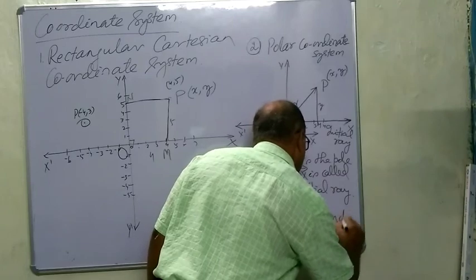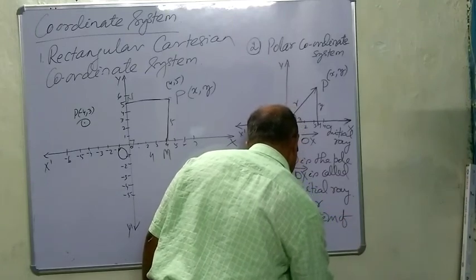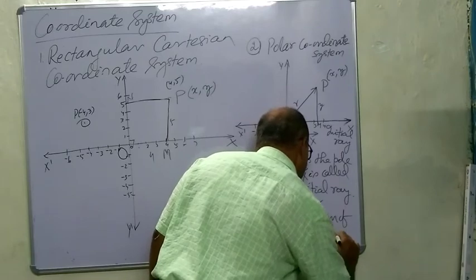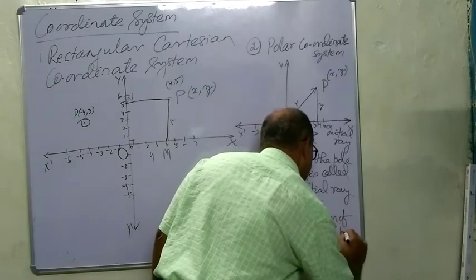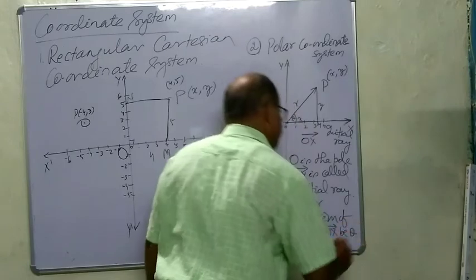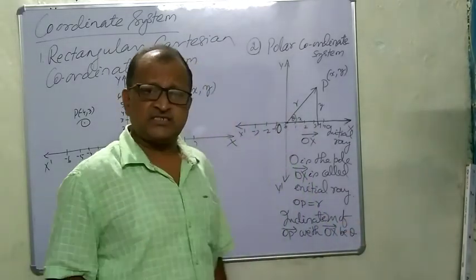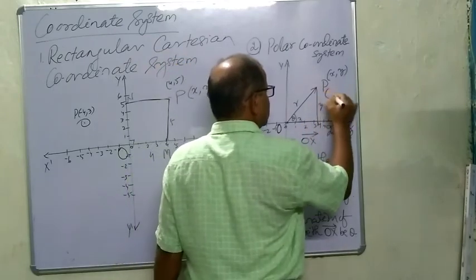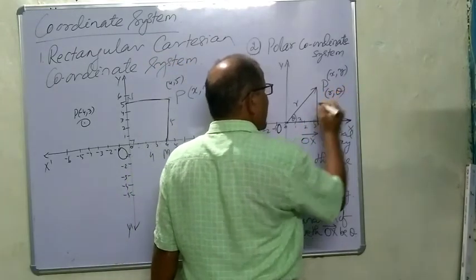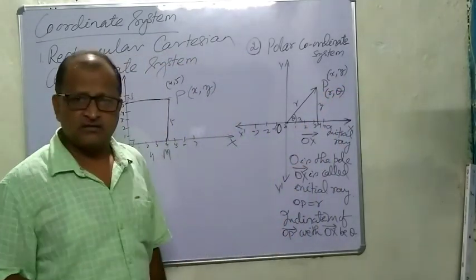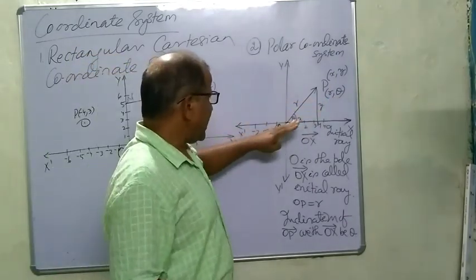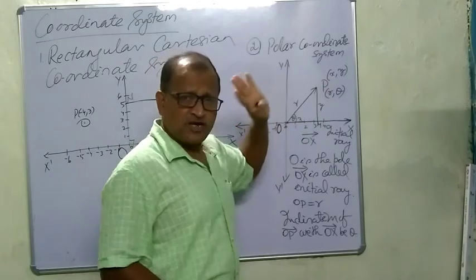OP is equal to r, and the inclination of OP with the ray OX is theta, which is measured in radian. So the coordinates of this point will be represented by (r, theta). With the help of this coordinate (r, theta), you can reach that point.